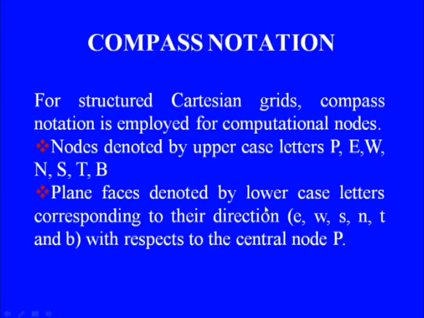So, plane faces are denoted by lowercase letters corresponding to their directions: small e, small w, small s, small n, small t and b, with respect to the central node. To explain a bit more clearly, let us have a look at the 2D situation for a compass notation.